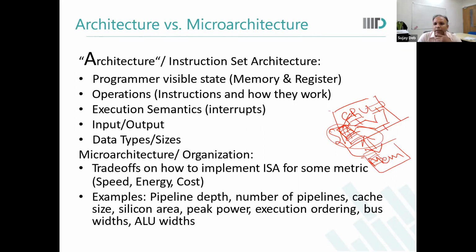Also, how do I handle interrupts? For example, let's say I am trying to access some out of bound memory, or there is a divide by zero kind of error. They will generate an interrupt. Now the ISA will tell that, okay, these events will generate an interrupt.